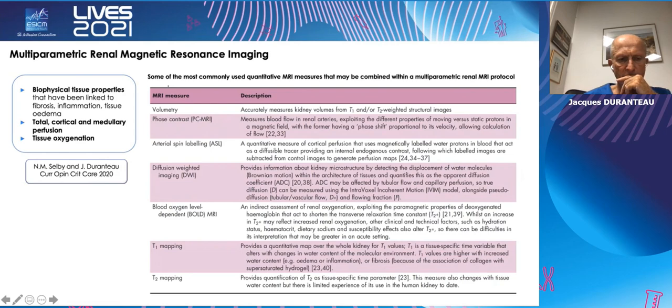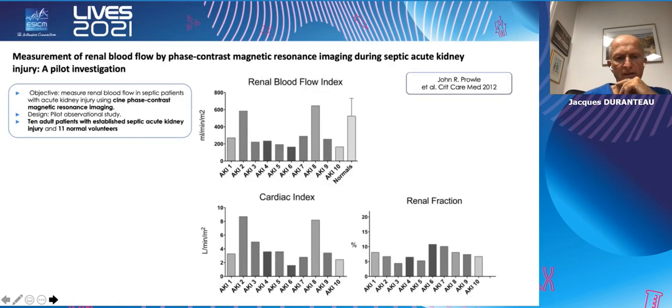In this first study, they used phase contrast magnetic resonance imaging in septic shock patients, and they measured the renal blood flow. They included 10 adult patients with septic acute kidney injury and compared them to 11 normal volunteers.